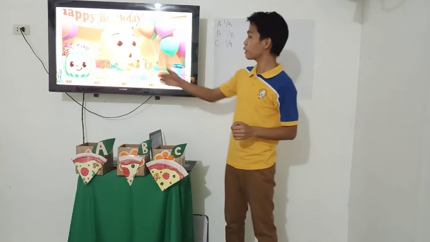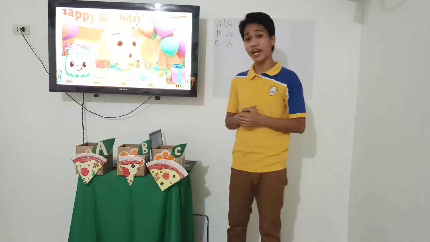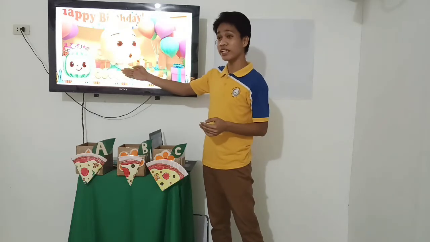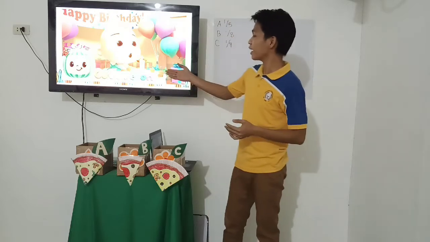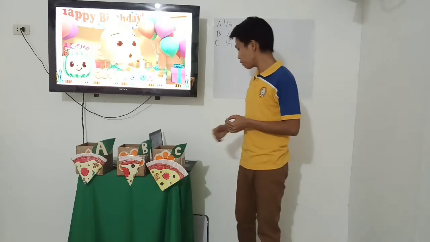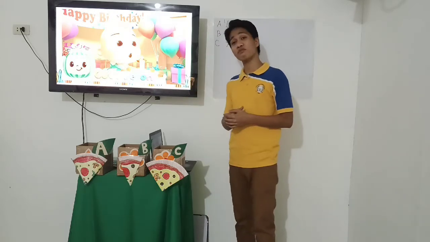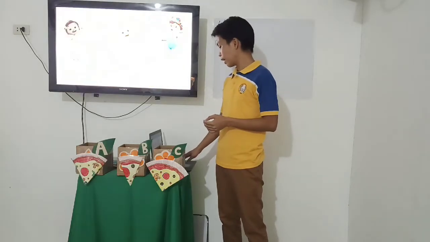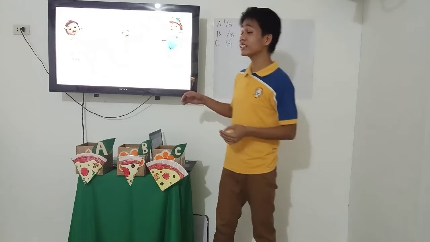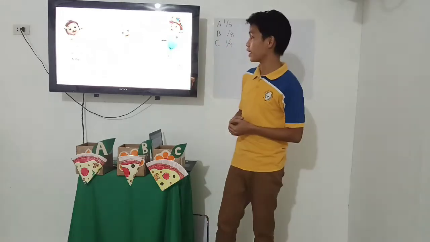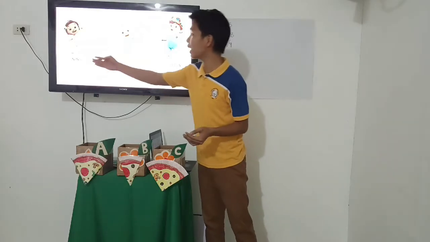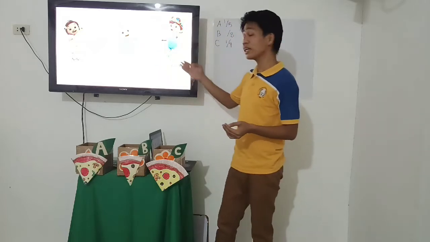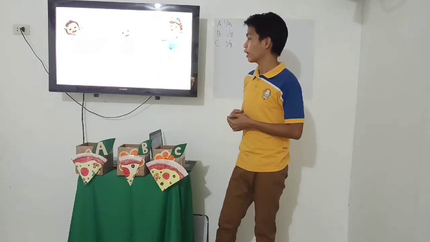It is the birthday of JJ. His name is JJ and it is his birthday. Now, JJ had friends also and his friends came in to celebrate with him. We have Nina and Tom Tom.